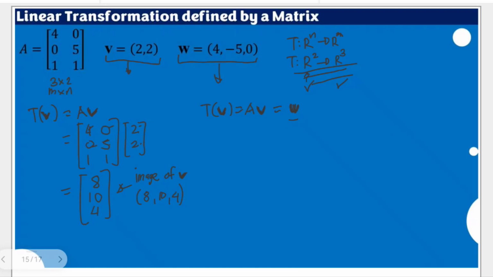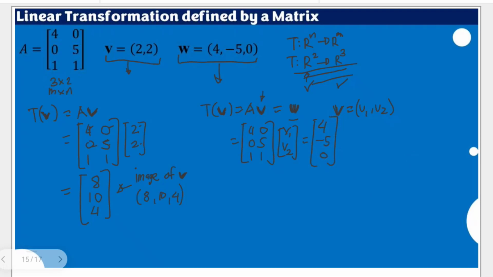This is what we're looking for. And again, since the vector v is part of the domain, our v here also has two components, v sub 1 and v sub 2. So multiplying that, you will have 4, 0, 0, 5, 1, and 1 multiplied by vector v with components v sub 1 and v sub 2, and it is equal to your w, which is 4, negative 5, and 0.